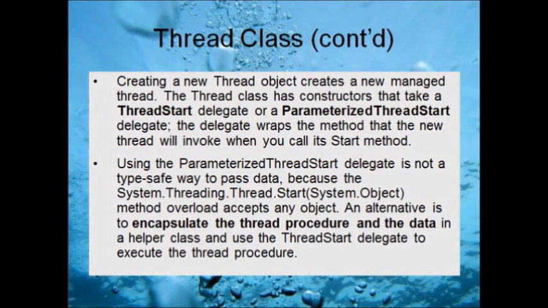Creating a new Thread object creates a new managed thread. The Thread class has constructors that take a ThreadStart delegate or a ParameterizedThreadStart delegate. The delegate wraps the method that the new thread will invoke when you call its Start method.